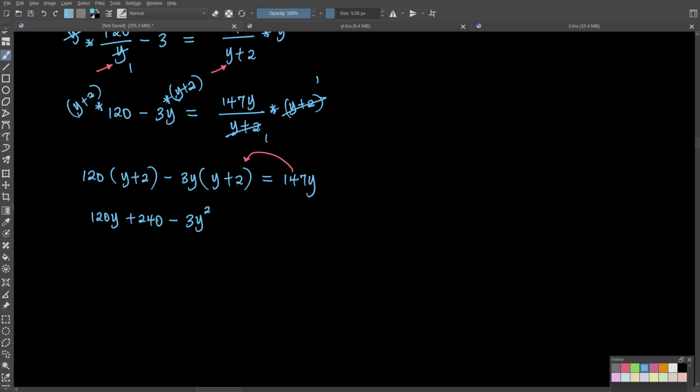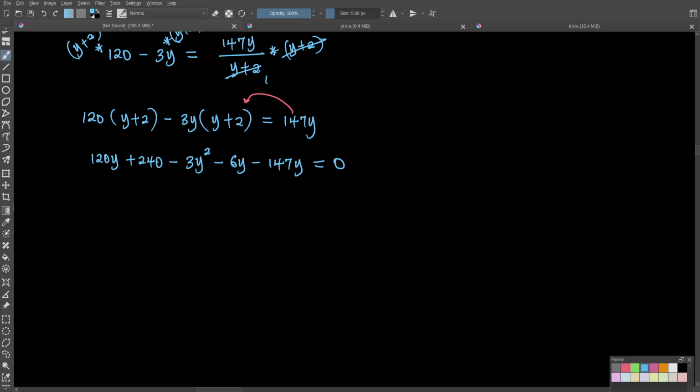Negative 3Y times 2 gives negative 6Y. Actually, let's bring over the 147Y. When it comes to the left, it becomes negative, so minus 147Y, and this is all equal to 0, since nothing is left on the right.